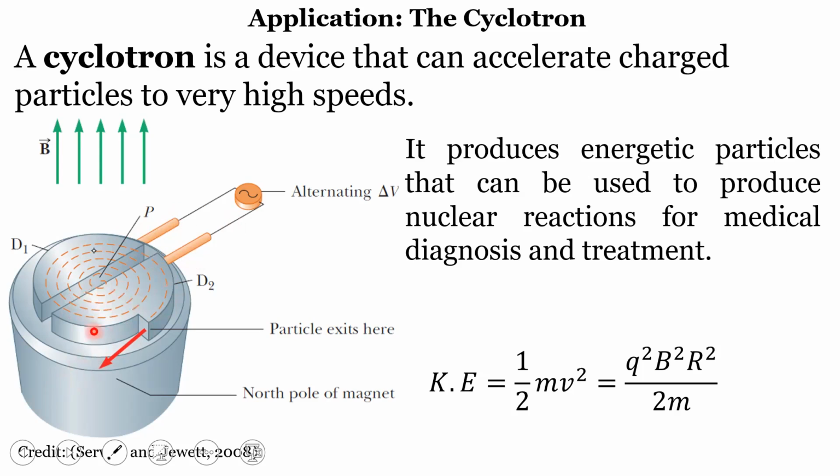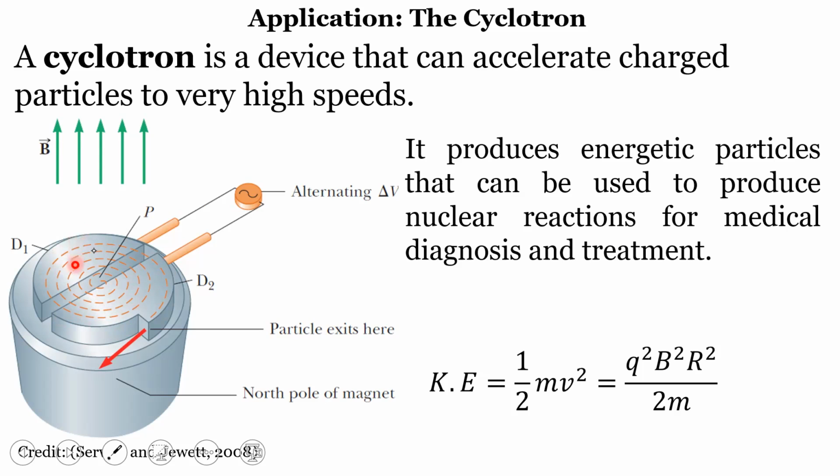Let's assume this particular part is positive and this is negative. You would expect the electron to accelerate towards the positive plate. It will curve before it leaves this semicircle. This would have turned to a negative plate, and the other one would have turned to a positive plate. So it will accelerate again into the other disk.